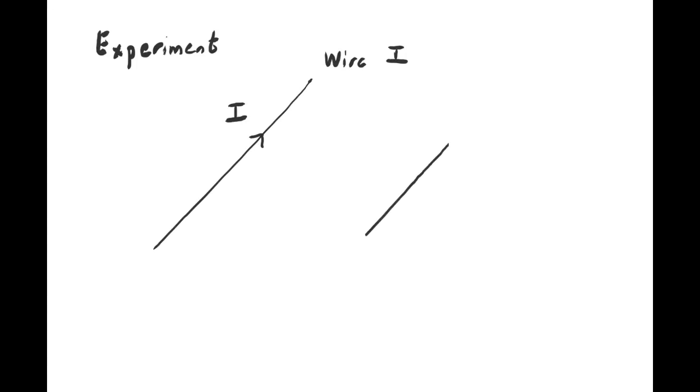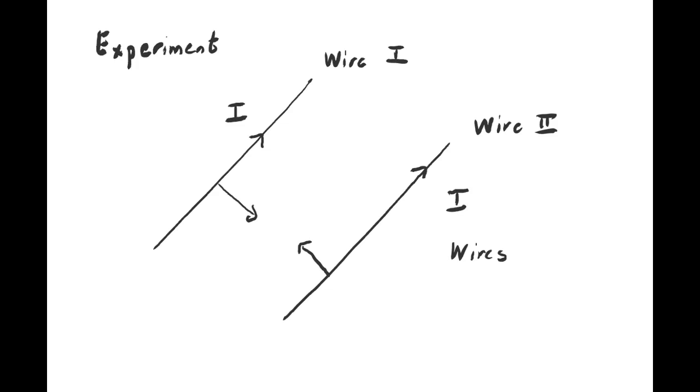Now I'm going to construct a second wire, which I'll call wire Roman numeral 2, and it will have a current that goes in the same direction. The remarkable result of setting up this experiment is that these wires, now that I have a current running through them in the direction specified, attract each other.